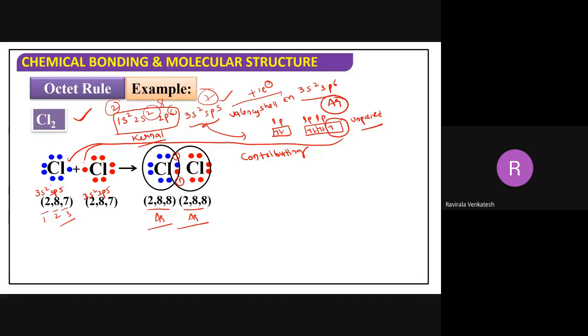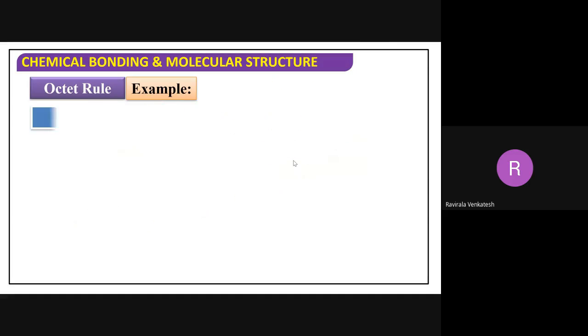So by sharing electrons, chlorine got the argon configuration. It does not convert into argon, because the chlorine nucleus is different from the argon nucleus. Only the electrons are the same, so they do not have the same physical properties. Physical properties depend upon the nucleus.